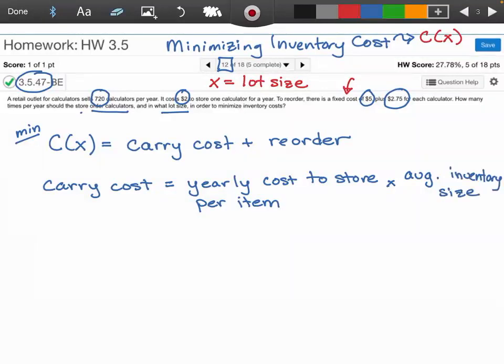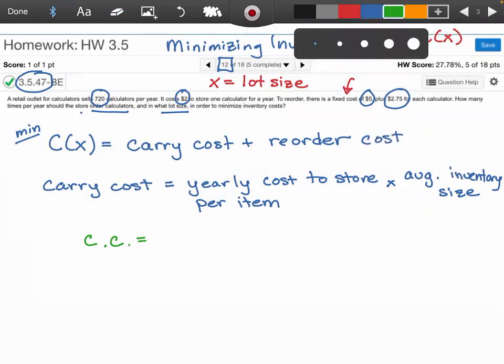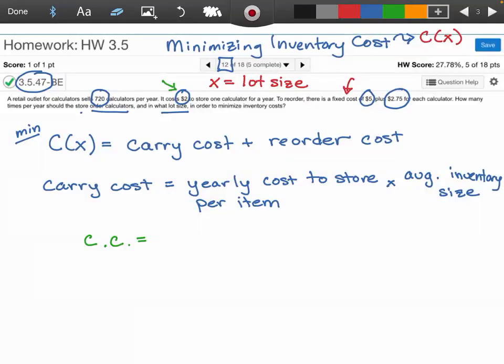Okay, so let's see if we can figure out what these things are for our question. I'll use a different color. So our carry cost, I'll use CC for carry cost, the first part of our equation here, is going to be the yearly cost to store each item, which they told us here was $2. Okay, so it's going to cost us $2 to store each item, times the average inventory size.